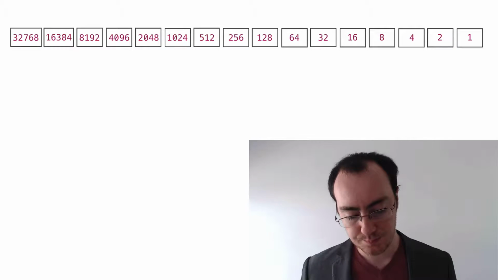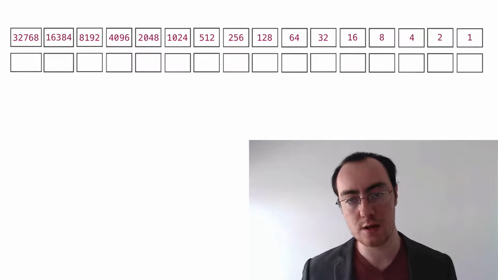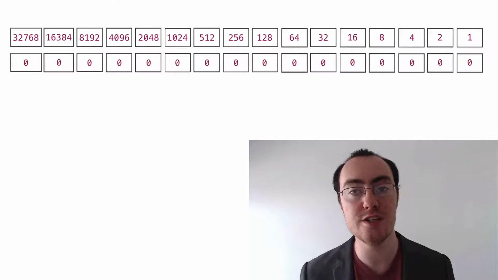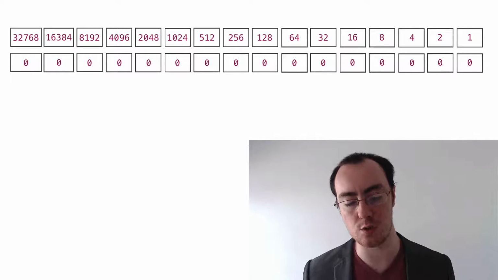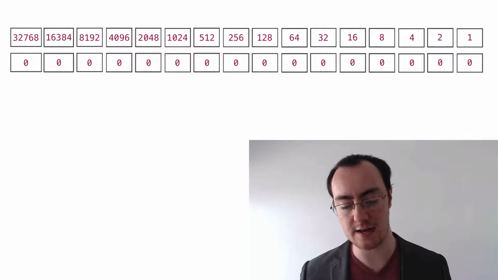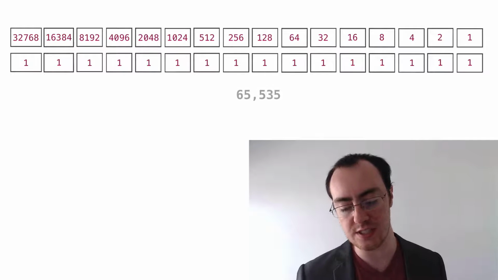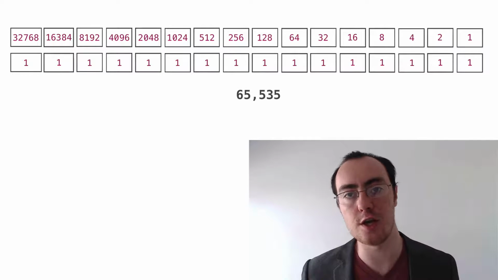Once we have this, now we need to find out the range. I want to find out the range of an unsigned 16-bit system. You start at 0, and then you would set all the bits to 1, and add all those place values together, and you will end up with 65,535.